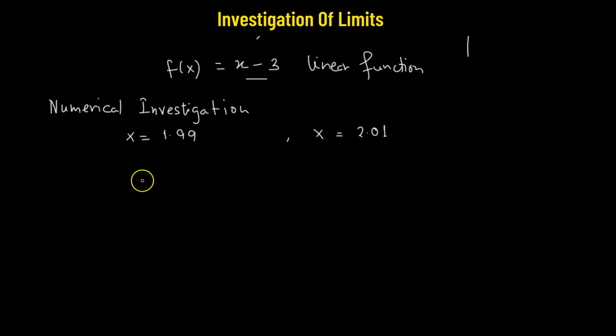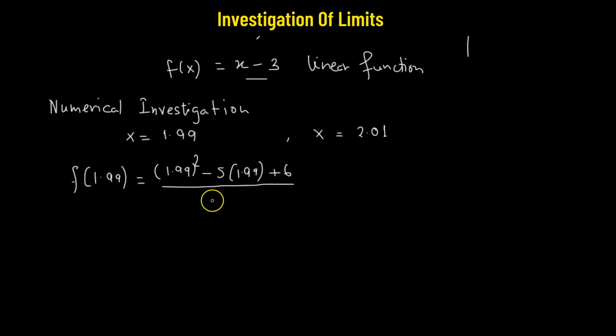So let's do it. The value of the function at x equals 1.99 will be 1.99 squared minus 5 times 1.99 plus 6 divided by 1.99 minus 2. We'll use a calculator and this gives us a value of -1.01.